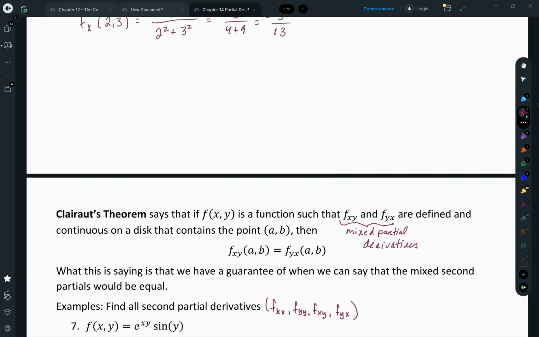So what this is saying, though, is that we have a guarantee of when we can say that the mixed second partials would be equal. And so when we're asked to find all second partial derivatives in any multivariate function, it means that we're going to be finding this f sub xx, f sub yy, f sub xy, and f sub yx. And we'll get to see what that looks like in the next example and the one after that.